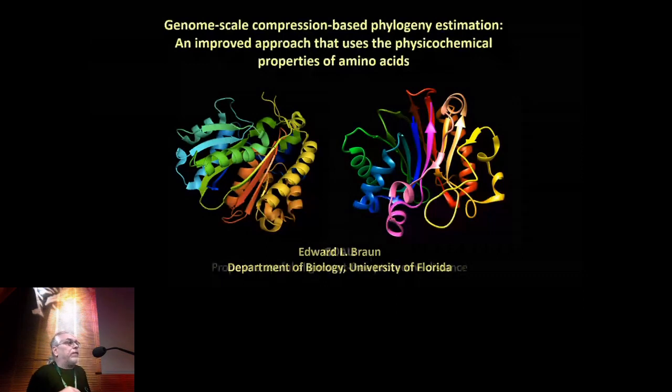Now, the cool thing about that is if we make a tree from those distances, it should be the species tree, as long as we've sampled enough of the genome or proteome that we've captured the mixture of coalescent histories.